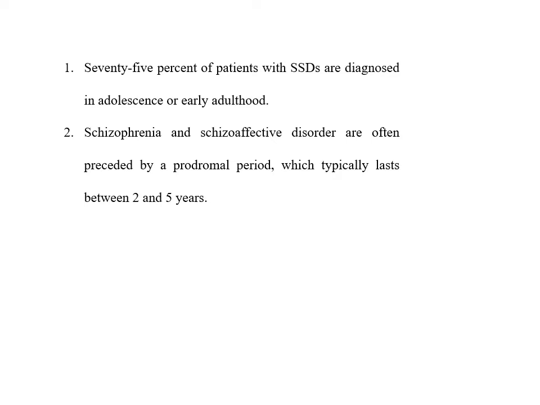All right, and so we see that schizophrenia and schizoaffective disorder usually have a prodromal period. This is a period where we're really starting to see those symptoms manifest. And it's really interesting because it may seem like once somebody has schizophrenia they never truly get away from it.